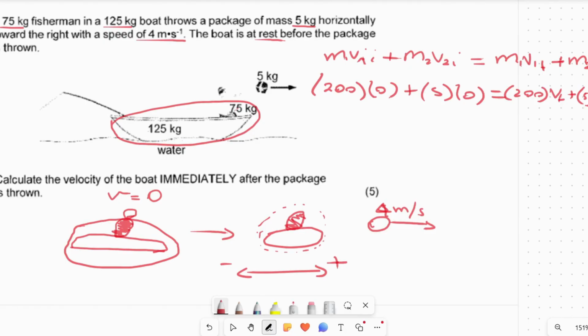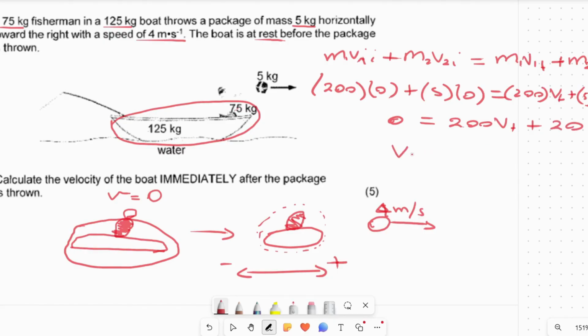So here I'm going to substitute positive 4 because it's going to the right. 200 times 0 is 0, and 5 times 0 is 0, so all of this becomes 0. Then here I've got 200 VF, plus 20, because this is 5 times 4.